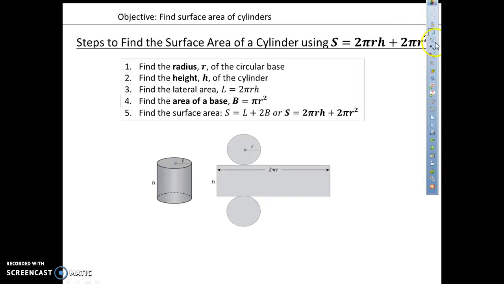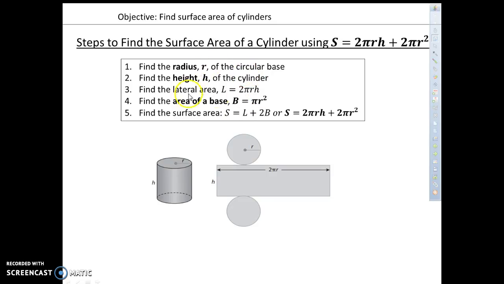Some general principles to keep in mind, or a step-by-step process for these type of problems, is we will always need the radius and the height of a cylinder. So those should always be your first 2 things to target when you encounter a problem.